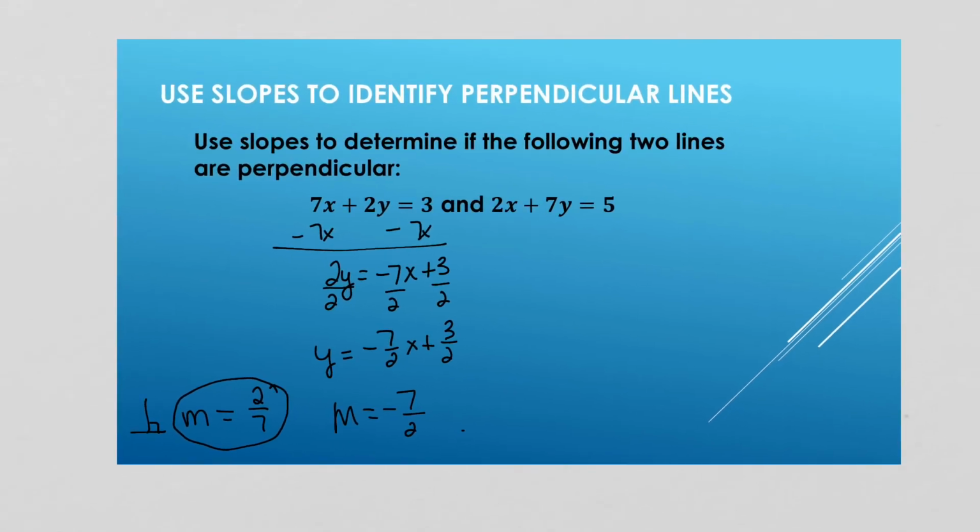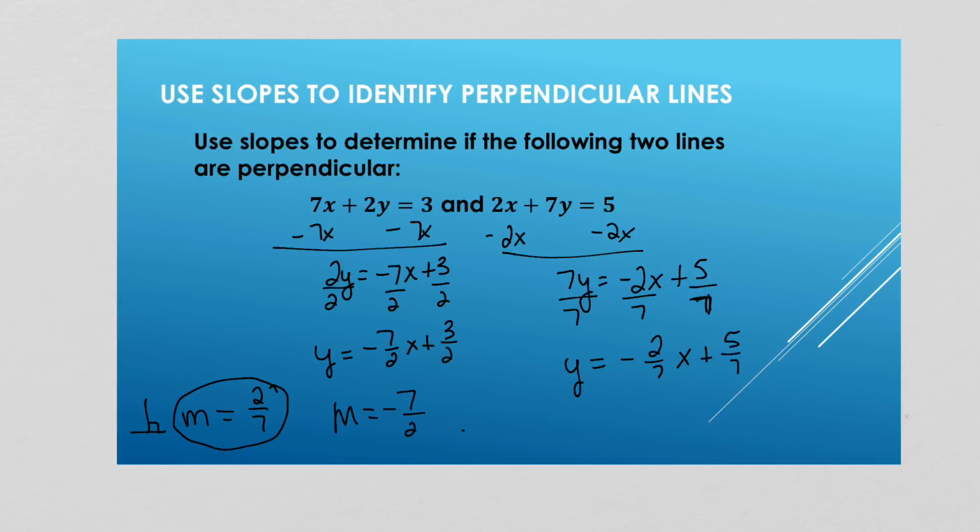Okay, so I would subtract 2x from both sides. I end up with 7y is equal to negative 2x plus 5, and divide everything by 7. So I end up with y is equal to negative 2/7 x plus 5/7. So my slope on this one is negative 2/7.